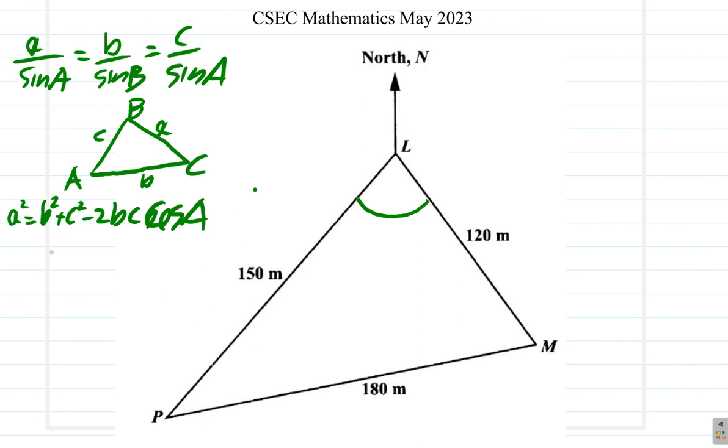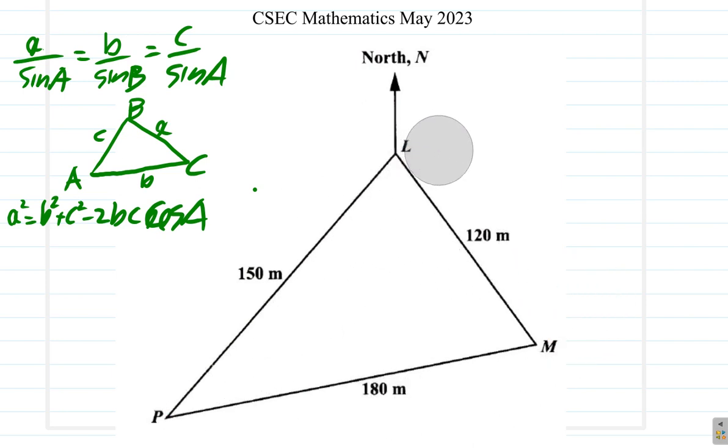We have letters already, but if you want, you could relabel them A, B, C, since the cosine rule is in terms of A, B, C. You could relabel these temporarily.